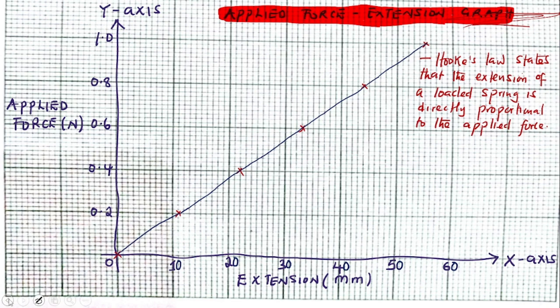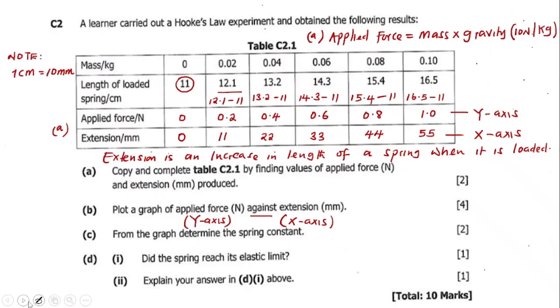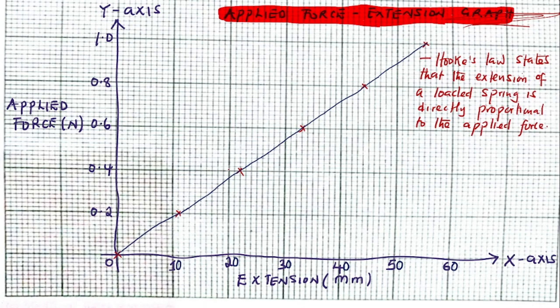So we shall say the change in y over the change in x. This spring constant is what we describe as a gradient, or the slope.